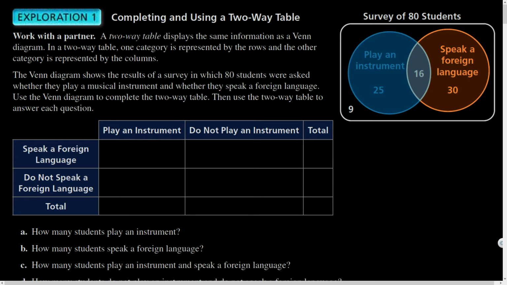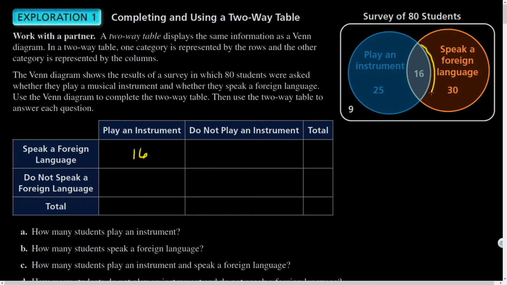And so this cell here would be students who speak a foreign language, and this is and logic as far as the overlap in a single cell, and play an instrument. And so speaking a foreign language and playing an instrument, oh, that's the easy one. That's 16. Okay. What about speak a foreign language and does not play an instrument?